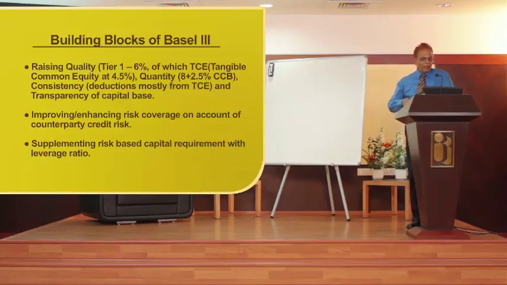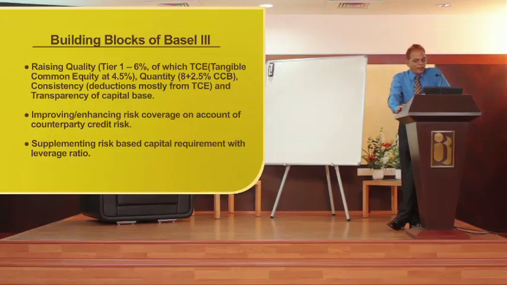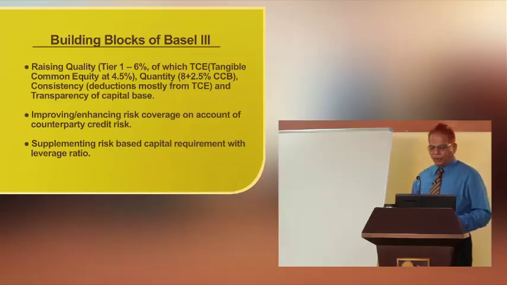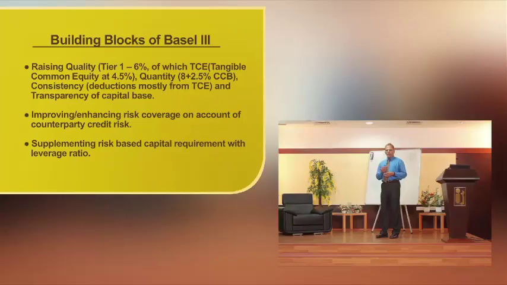So the building blocks: raising the quality, that is, the Tier 1 capital was raised from 2 to 6%, with tangible common equity at 4.5%, and total capital of 10.5%, including the capital conservation buffer. You need to maintain capital for counterparty credit risk.